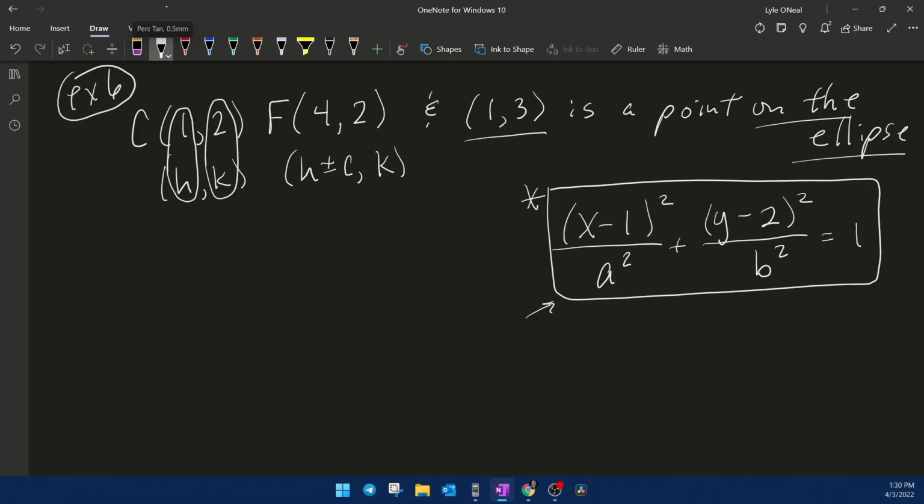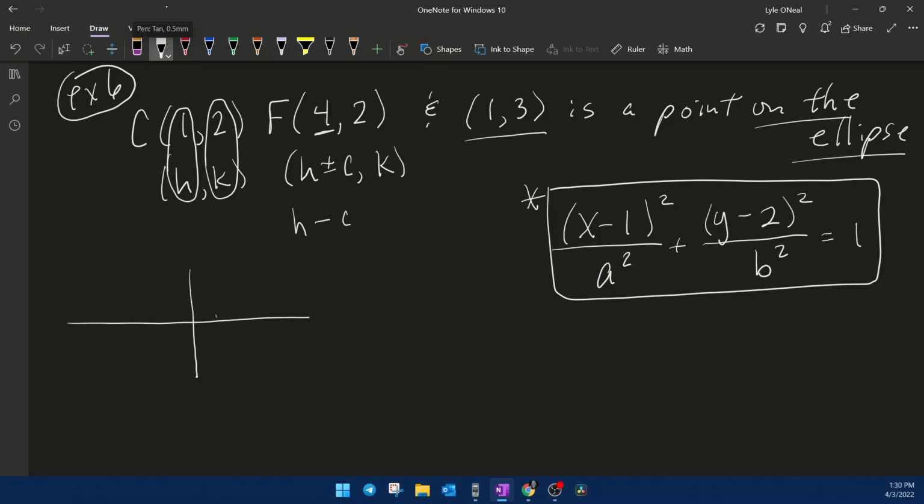So the two pieces that I still need to find are a squared and b squared. And focusing on the focus, we need to determine if this x-coordinate is going to be the h plus c or is it going to be the h minus c. And one way we can determine that is by sketching a little graph, knowing that we have a horizontal major axis.